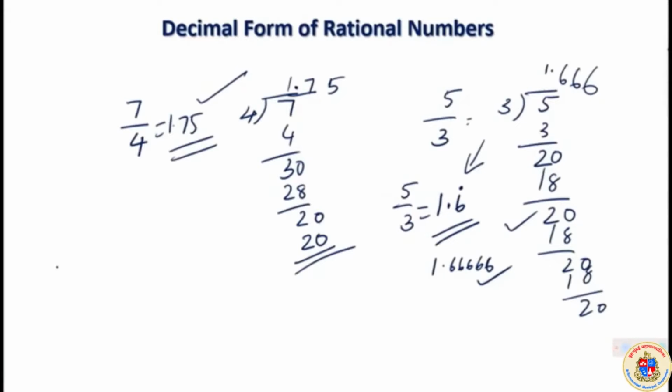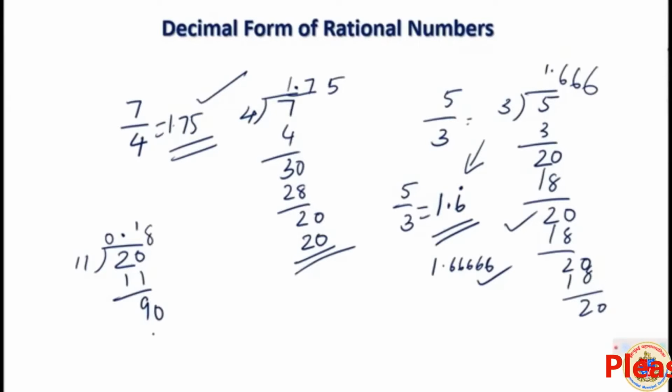One more example. Here the question is 2 divided by 11. 2 will not go in 11 at all. We have to start with a point. To show the point, we put a 0 here. 20, 1 time 11, then naturally it will be 9 here. 90, you have to find out how many times it goes.